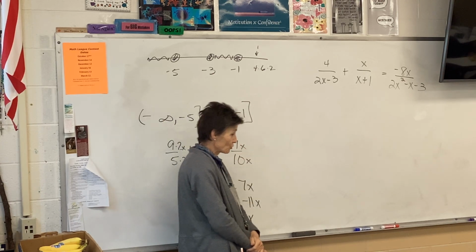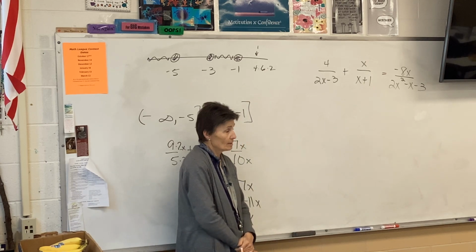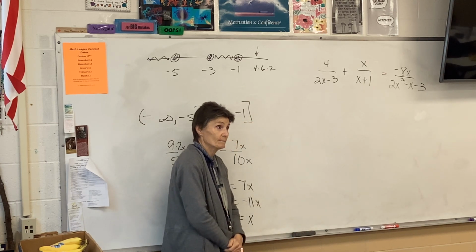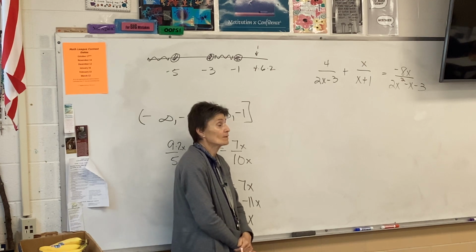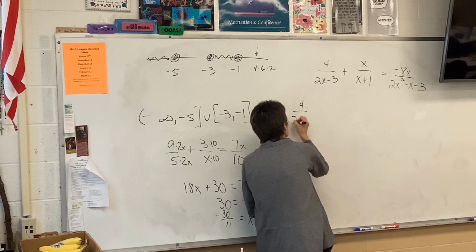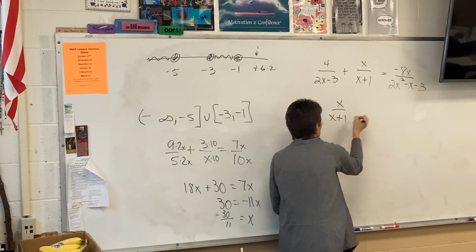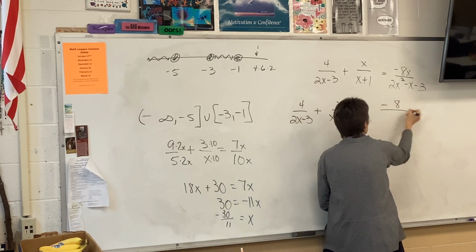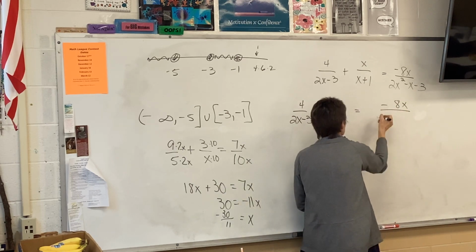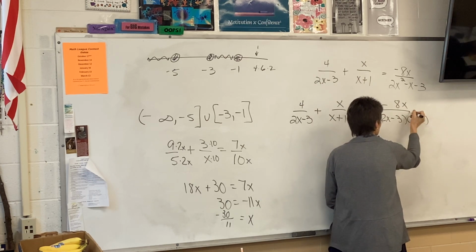So we're gonna strive to get a common denominator and then lose them. So what are we gonna do first? You gotta factor that guy right there. And chances are, what are the factors going to be? Chances are, it's gonna be 2x minus 3 and x plus 1.